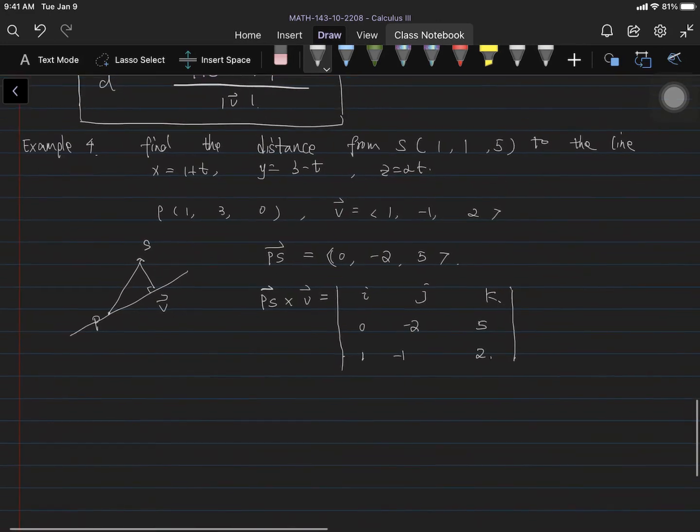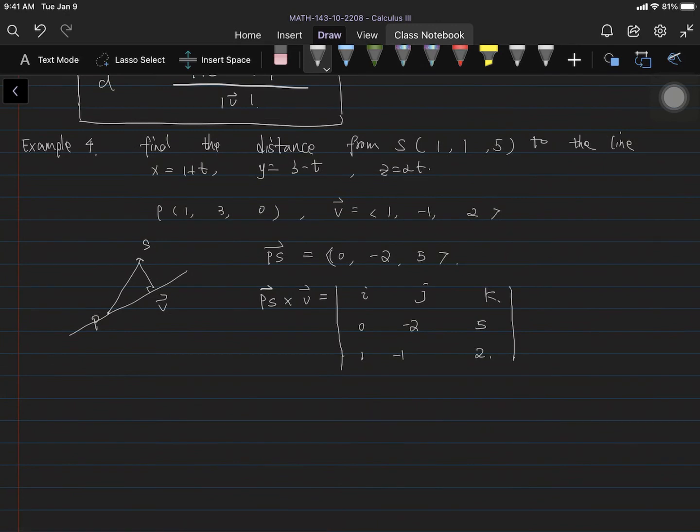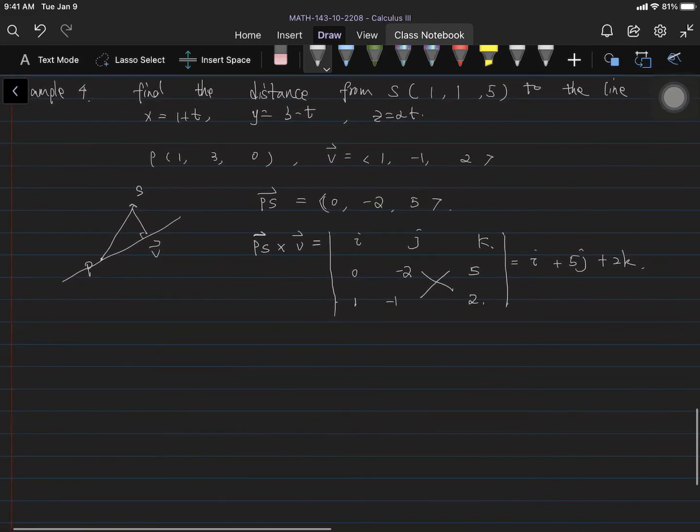We skip the calculation. For the i component, negative 4 minus negative 5, so negative 4 plus 5 is 1. So it's i plus 5j plus 2k. This is the cross product.